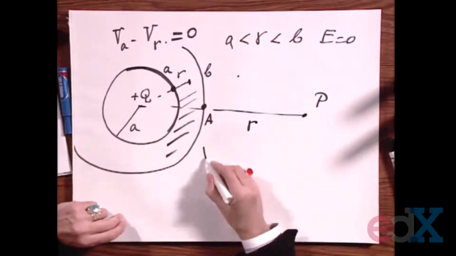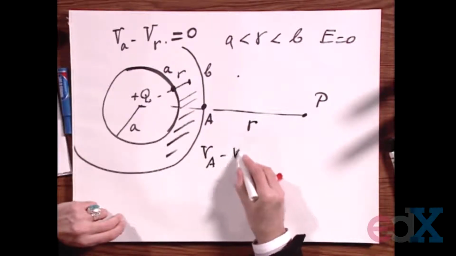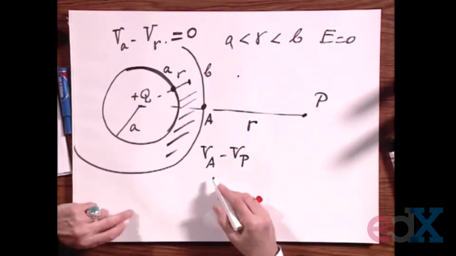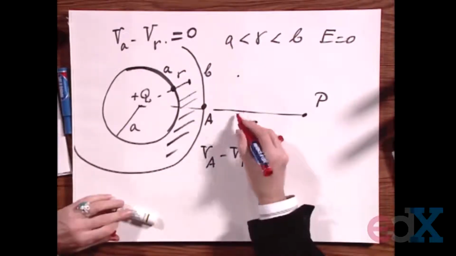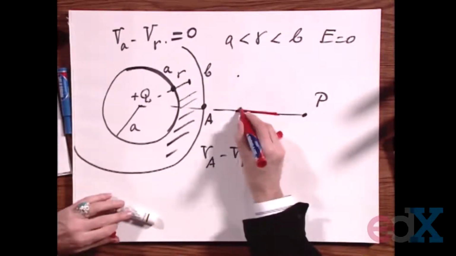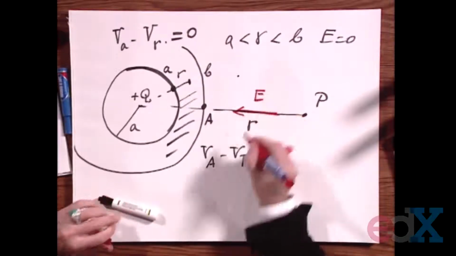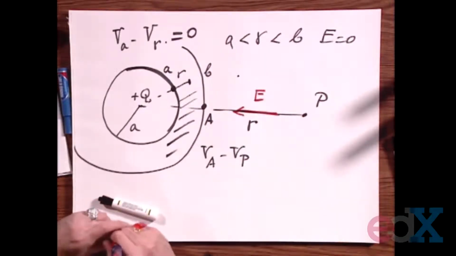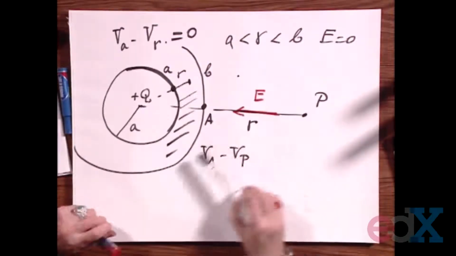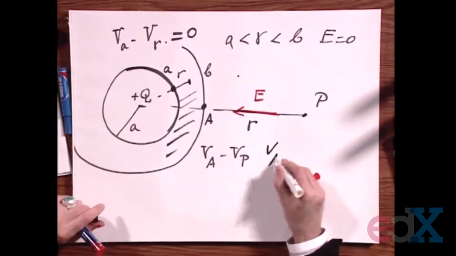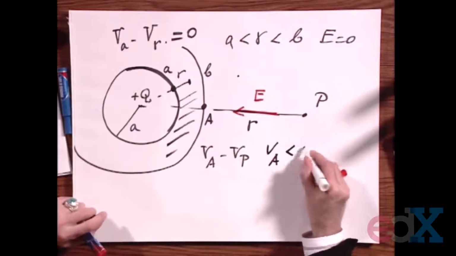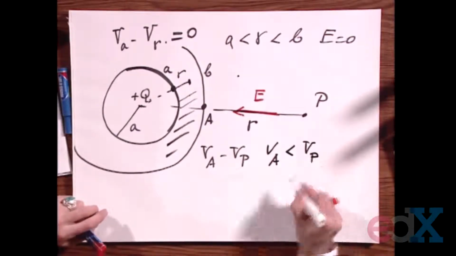What now is VA minus VP? Well, the electric field is pointing inwards. We just calculated that. It's a function of R. It falls off as 1 over R squared. And so it should be immediately obvious that VA must be less than VP.